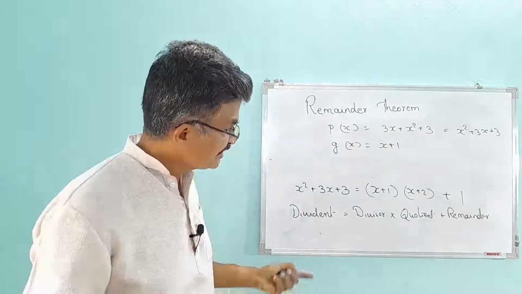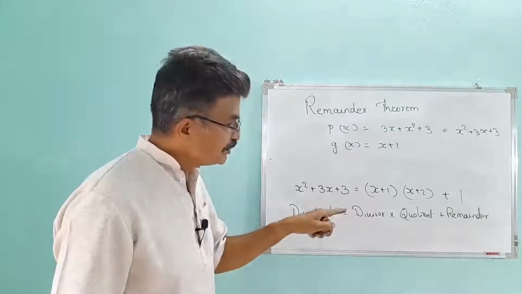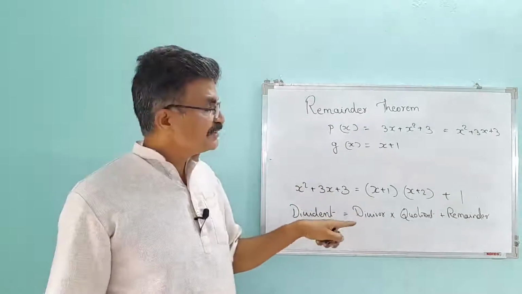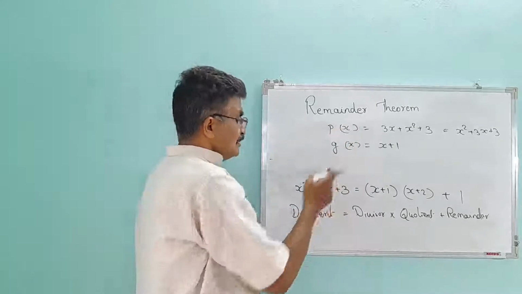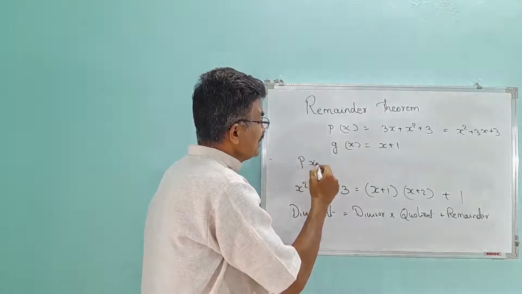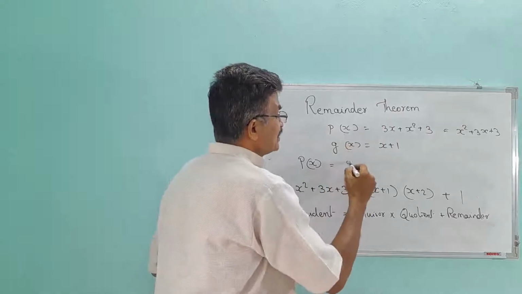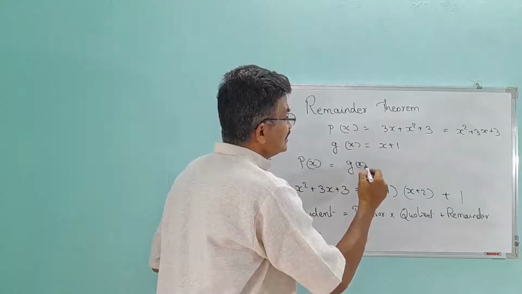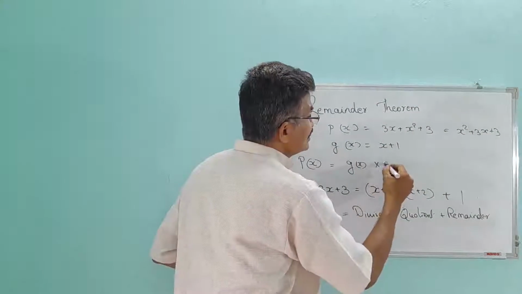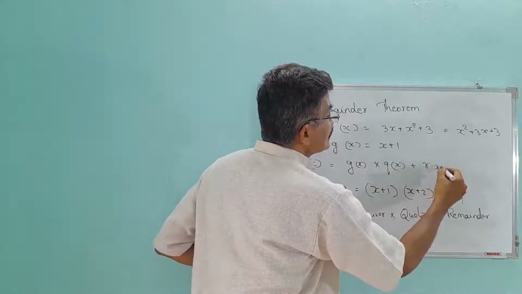The same relationship we can also apply to polynomials. Where in case of natural numbers we use numbers, here we use polynomials. So what is the dividend here? That is p(x). When we divide p(x) with another polynomial g(x), we will get a quotient q(x) and a remainder.